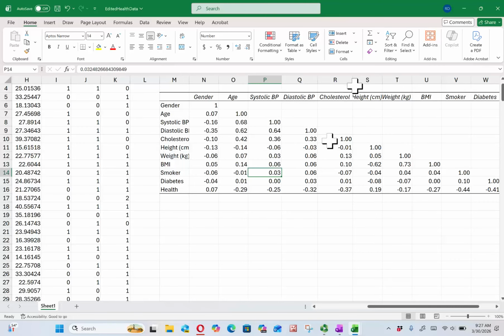Here's cholesterol in this column. Height, negative 0.01. Weight, 0.13. That's actually pretty high for this kind of data. Body mass index of 0.1. Smoker is actually negative.